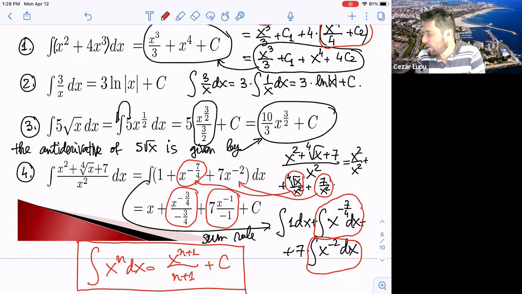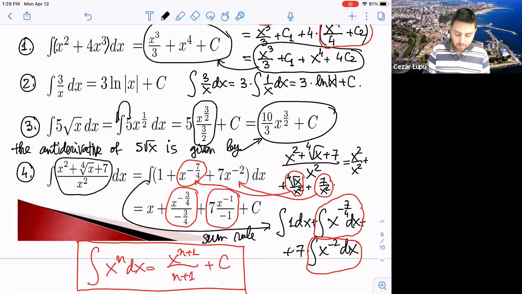Let's see, are there any questions regarding this example? Any questions? So like I said, the only thing you need to do is just the algebra inside this integral here, because you'll write it in this way.